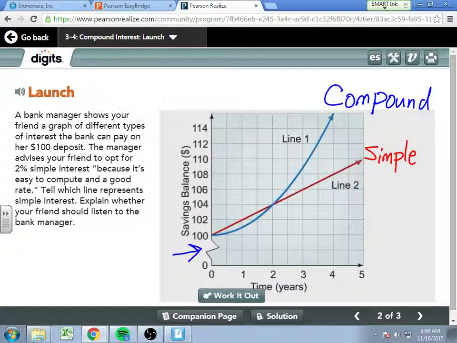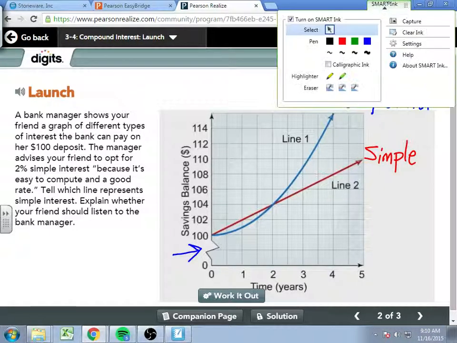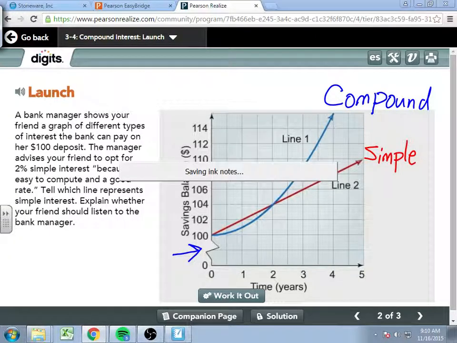So where simple interest was interest made off principal, what do you think compound interest is calculated on? It's going to be interest based off the balance. Now, did you look ahead in your notes, or did you just figure that out? You just figured that out?